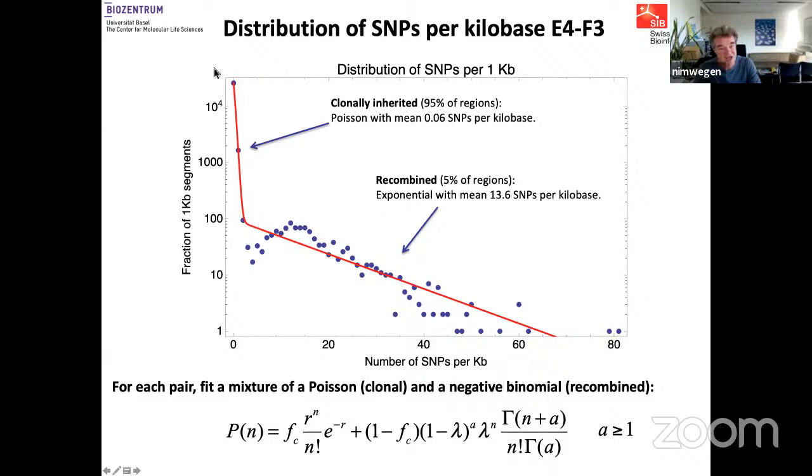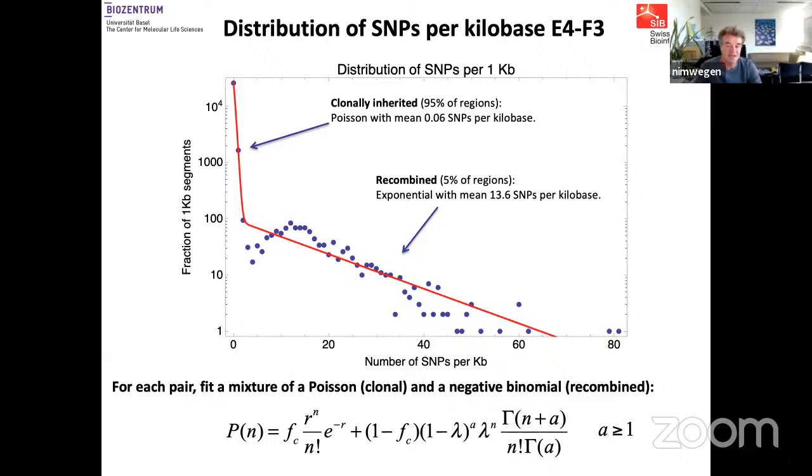So for 95% of the regions for this pair, the SNP distribution comes from a Poisson with on average 0.06 SNPs per kilobase, whereas the rest, 5% of the regions, roughly follow an exponential with mean 13.6 SNPs per kilobase.